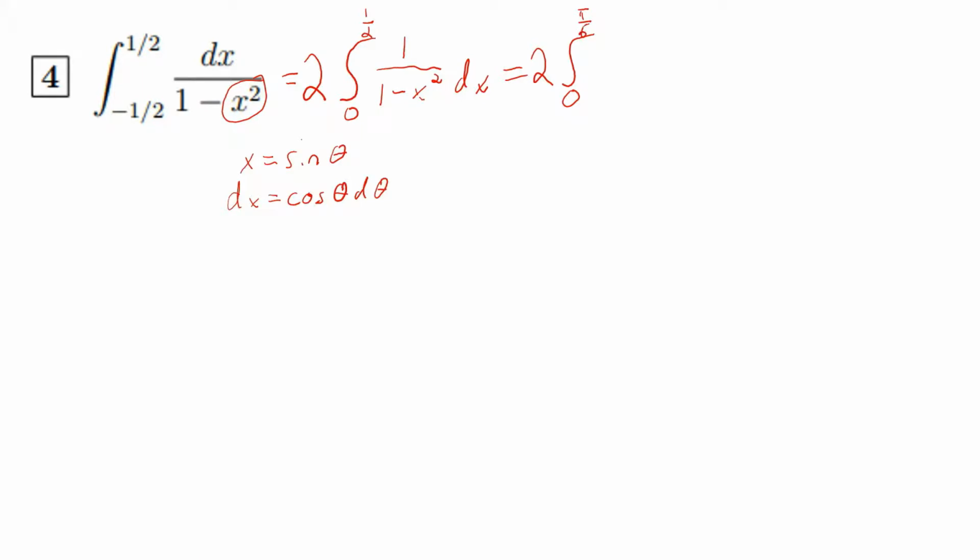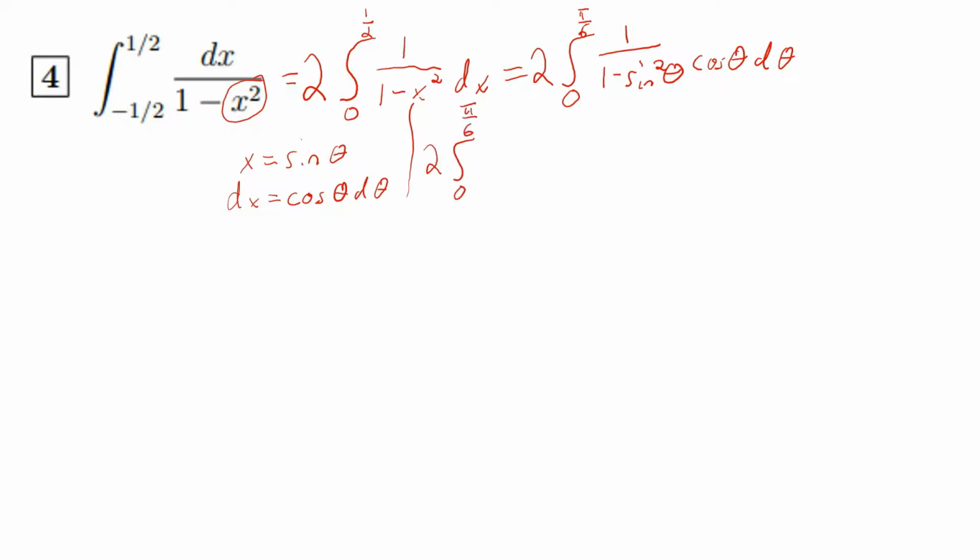And then we can just take 1 over 1 minus sine squared theta, directly replacing the x in the x squared. And dx we can just say is cos theta d theta. Now we pretty much have everything we need. We just need to simplify, and then we'll be done. So 2 times the integral from 0 to pi over 6.